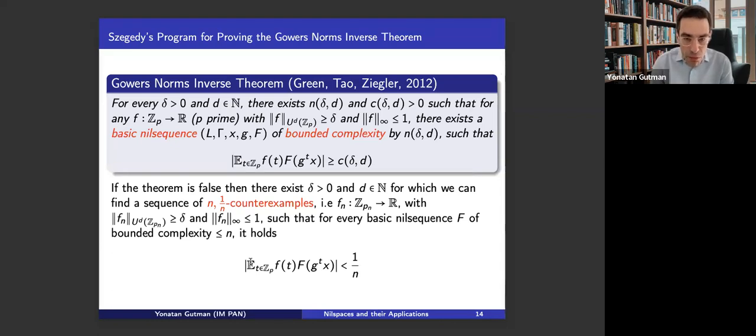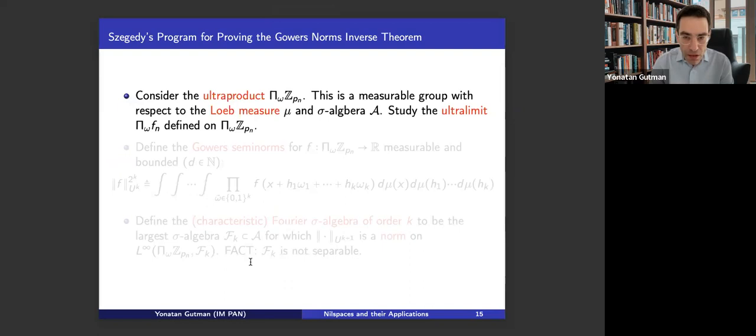And he wanted to use these counterexamples in order to achieve a contradiction, and he chose to use non-standard analysis. So he considered the ultraproduct of Z_{p_n} over some non-principal ultrafilter, where he used the so-called Loeb measure.